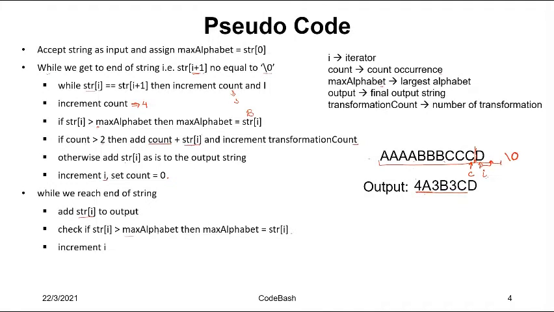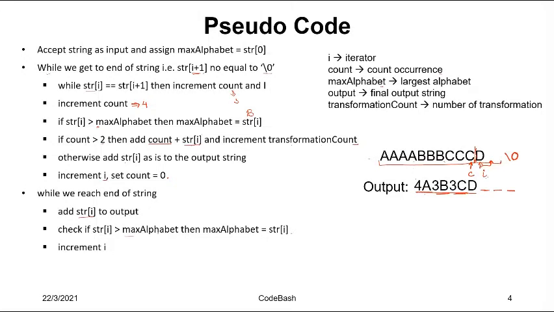So now we have got a string till this, but this is not the end of the problem solution. The problem also states that we have to add characters. We have 3 transformations here. Remember, we counted the transformations over here, so we need to add 3 characters.